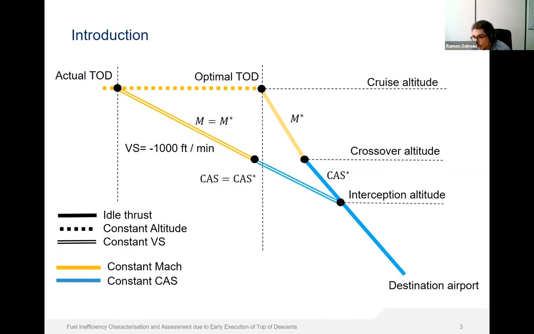In this way, when the trajectory plan is intercepted from below, the current and the planned speeds are exactly the same, and the plan can be resumed at idle thrust. However, since this strategy requires additional thrust before intercepting the trajectory plan, our hypothesis is that the fuel consumption during an early descent will be higher than in an idle thrust descent.